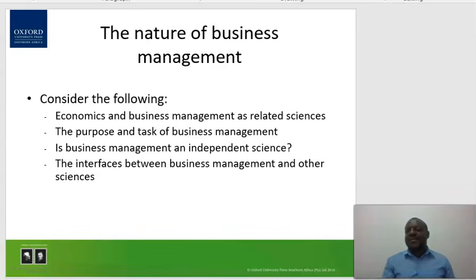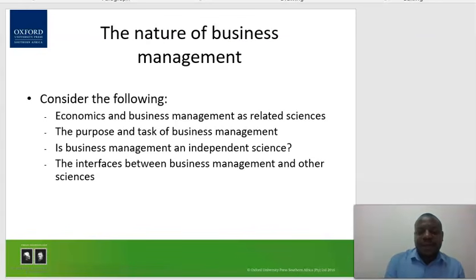Is business management an independent science? Yes, it is an independent science, very independent from other disciplines, although there may be similarities with other disciplines such as economics, cost accounting, or management accounting. Definitely business management is a discipline on its own.